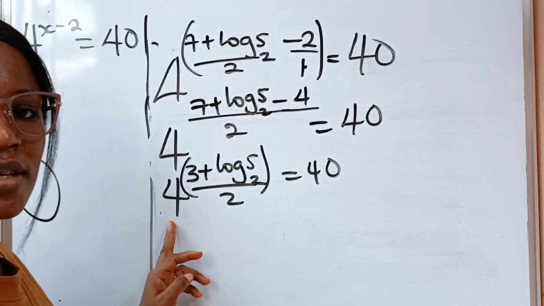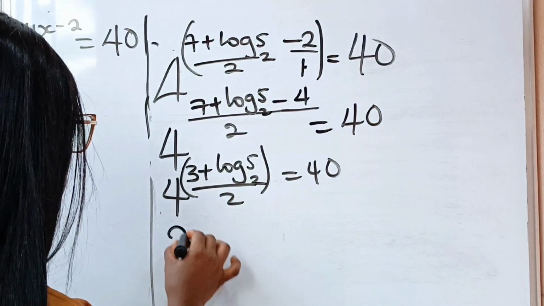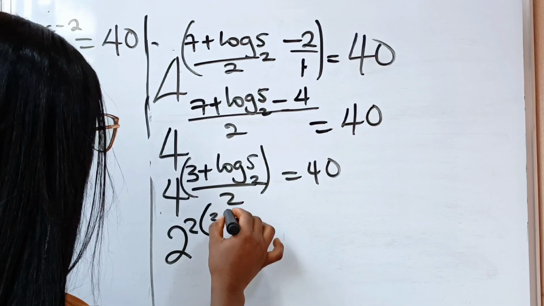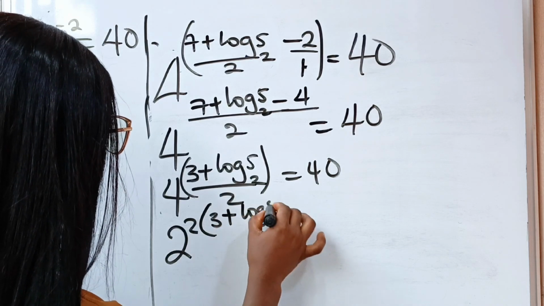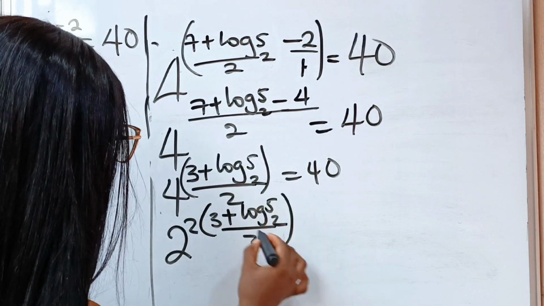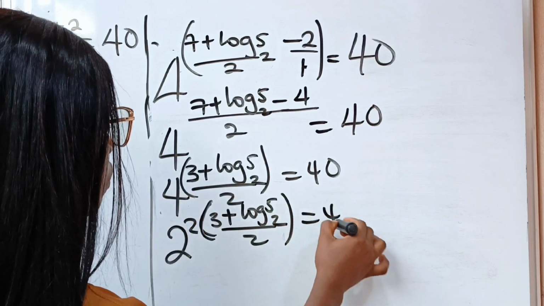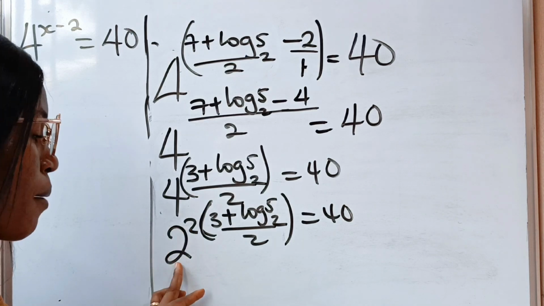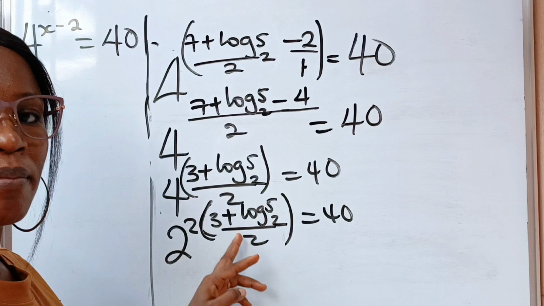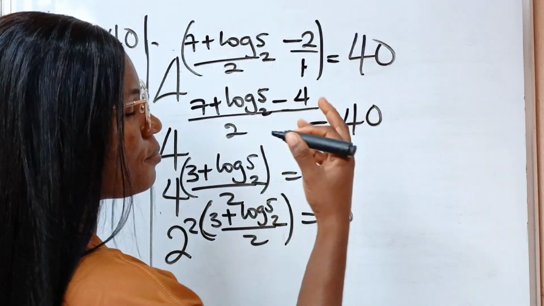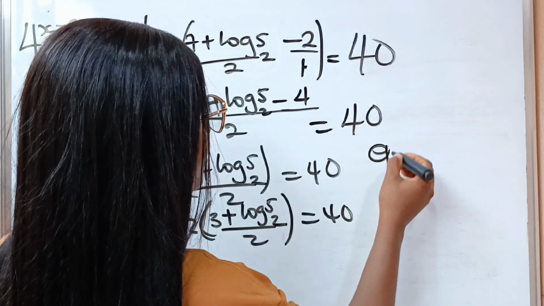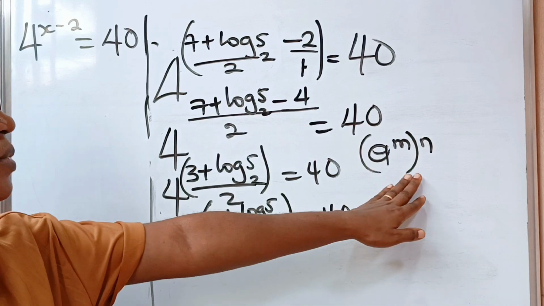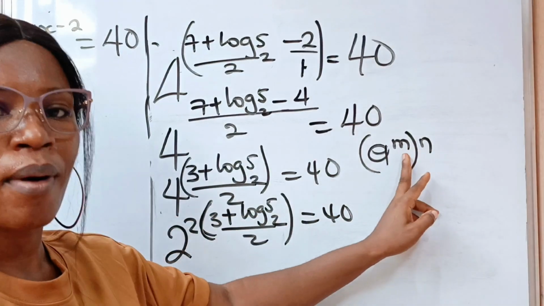Now 4 can be expressed as 2 to the power of 2, so we have 2 squared, raised to the power of 3 plus log 5 base 2, everything divided by 2, is equal to 40. Remember that when you have a to the power of m raised to the power of n, you multiply out the powers.